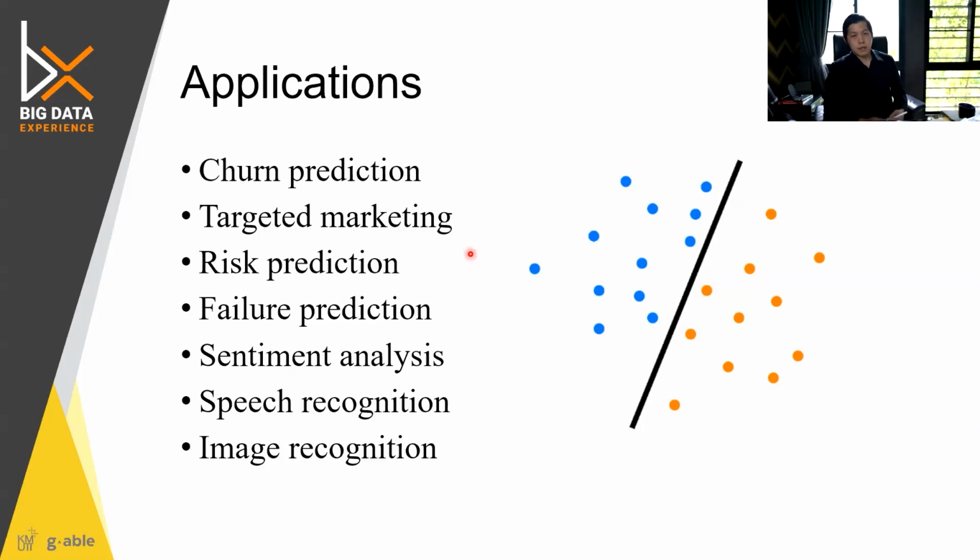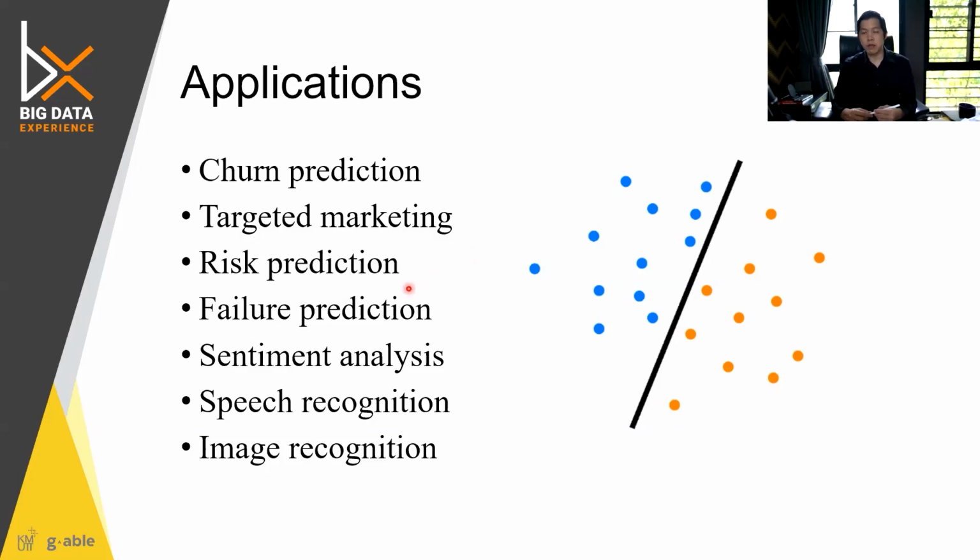In targeted marketing, classification allows the business to create a model to predict which customer would respond to the advertisement or the offer. So this is also important in terms of sales.